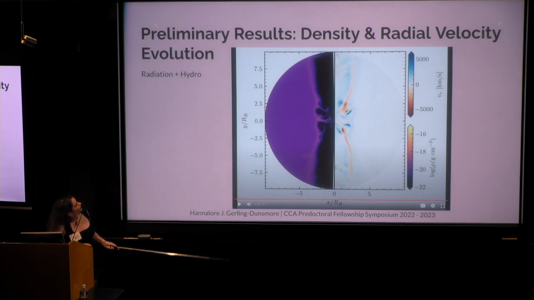We can see here that as this is evolving, this might look a little familiar to some of you: it's developing these tendrils that are really reminiscent of the Rayleigh-Taylor instability. And in fact, people have found you can get Rayleigh-Taylor developing in the presence of and due to radiation, such as Jacquet and Krumholz 2011, Blaes and Socrates 2003.